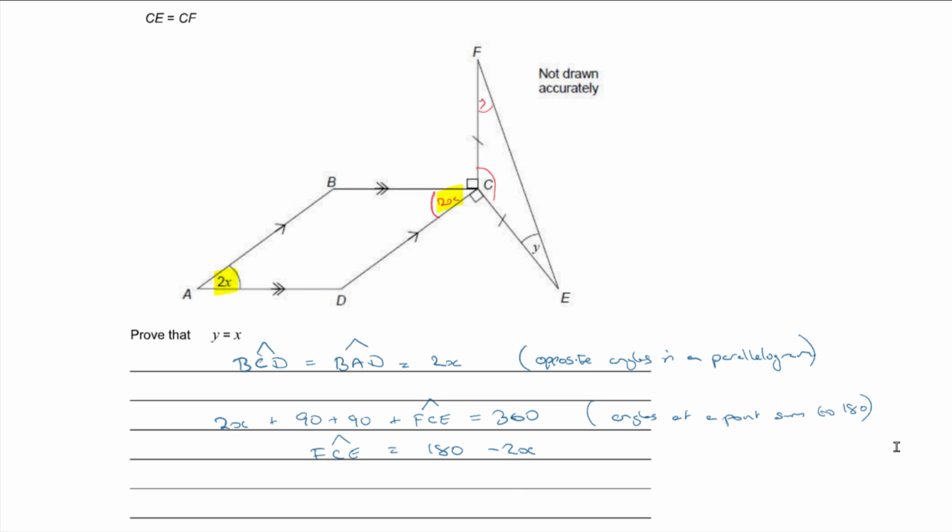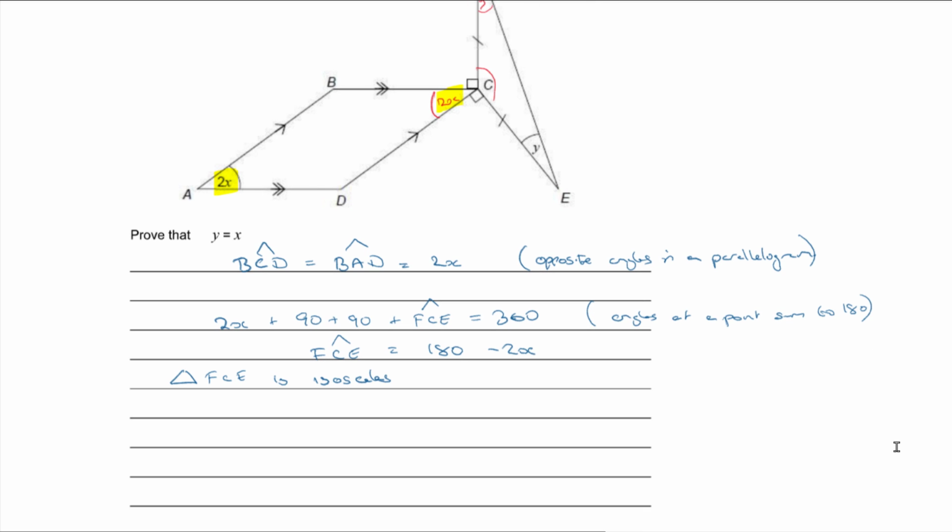And so if I take what I've got away from 180 and divide by 2, then I'll find the base angle. Okay, so I'm going to say triangle FCE is isosceles. So what does that tell me?